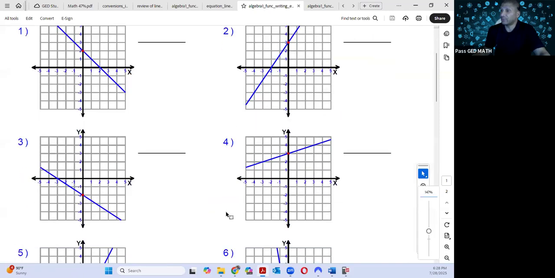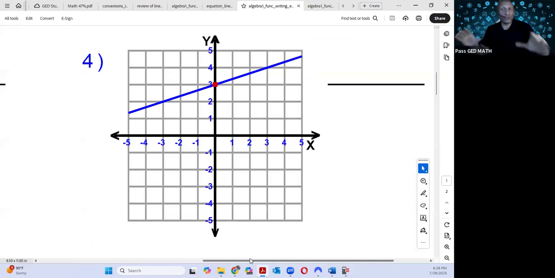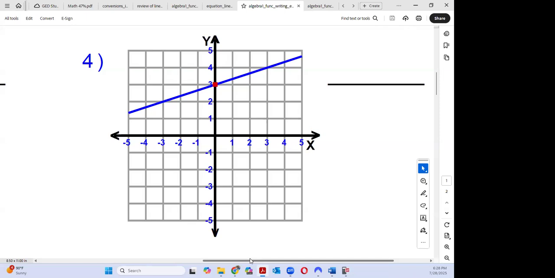Let's look at number 4. Now, you're not going to have this on the exam. What they're going to do is give you an equation, and you have to identify what graph correlates to that equation. Okay, so what do we know from this graph? Given this graph, go ahead.